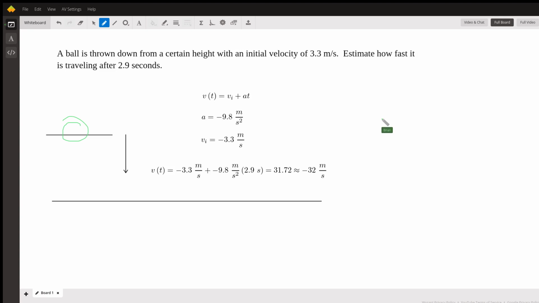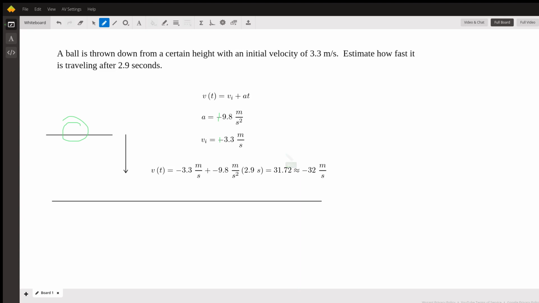So to answer the question, plugging the values into this equation, we get negative 32 meters per second. Given that the question has said that the initial velocity was 3.3 meters per second, it's probably just asking, you could make the 3.3 meters per second positive, and given that the velocity is in the same direction as the acceleration, you can make that positive as well.